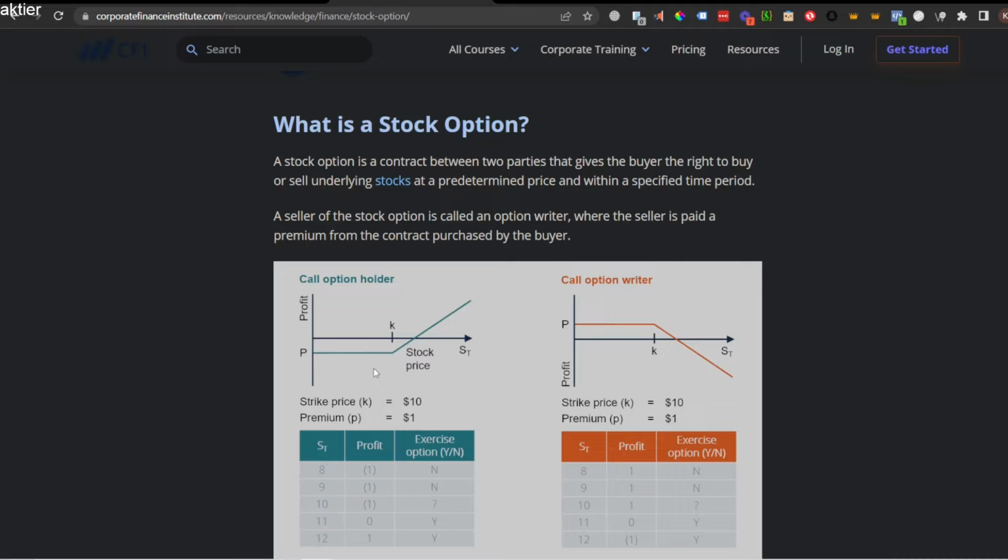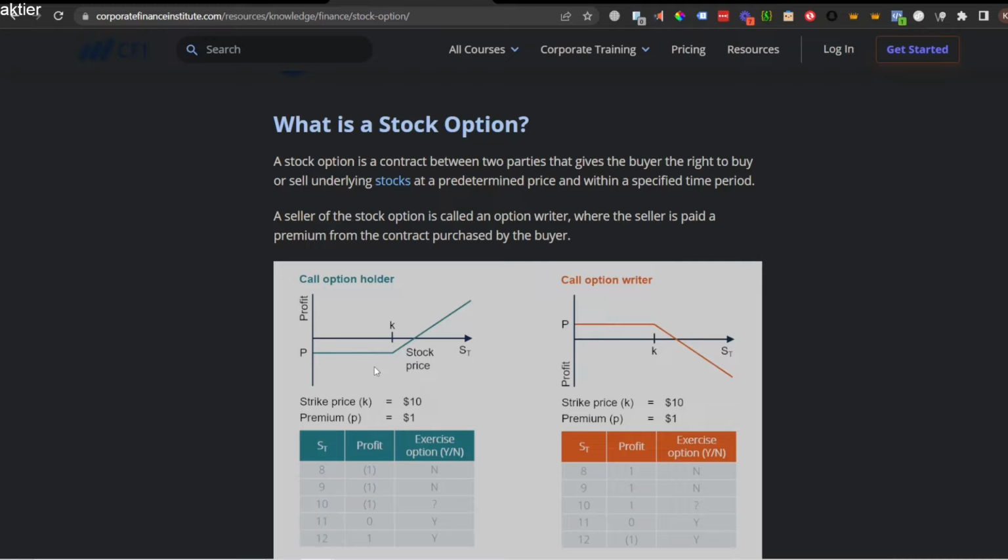A stock option is a contract between 2 parties that gives the buyer the right to buy or sell an underlying stock, or actually 100 stocks, at a predetermined price and within a specific time period. A seller of the stock option is called an option writer, where the seller is paid a premium from the contract purchased by the buyer.